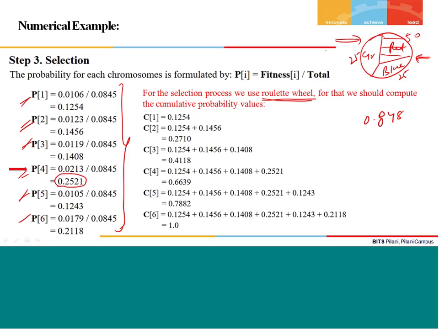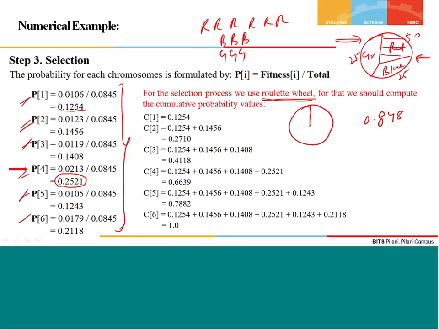For example, if I generate 12 colors, there will be 6 red, 3 blue and 3 green, because the probability distribution of this roulette wheel is like this. Similarly, in this genetic algorithm, I take my first probability, 1.25, and this is my roulette wheel.